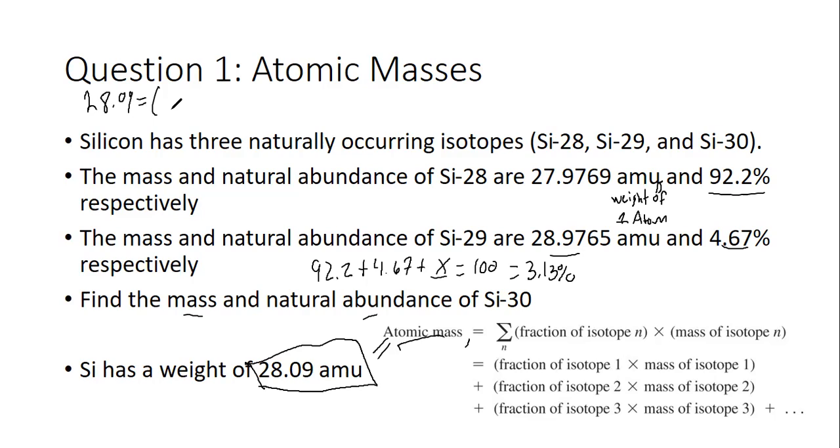That is equal to the fraction of isotope 1, which is 0.922, multiplied by its weight, 27.9769, plus the abundance of isotope 2, which is 0.0467, multiplied by the weight, which is 28.9765, plus the abundance of isotope 3, which is 0.0313, multiplied by its weight, which we don't know and are solving for.